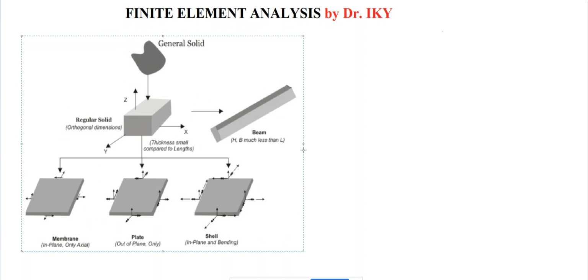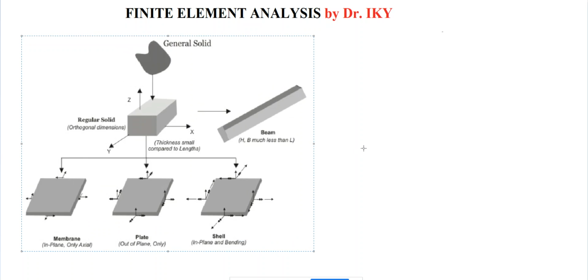It just shows us 3D description. So this one, irregular shaped general solid element. And when we try to make it simpler, initially we try regular solid. Can we make regular solids and combine them together to create general solid?